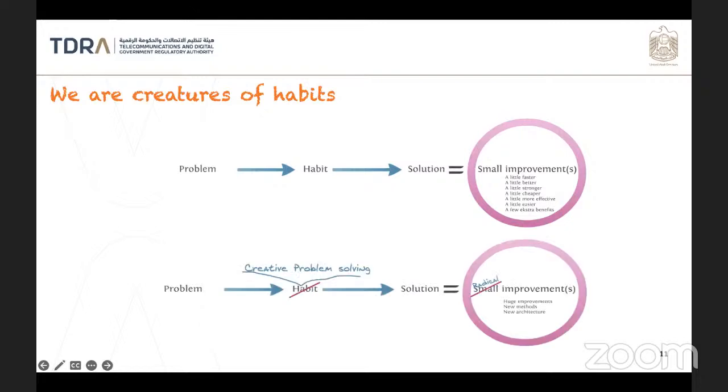Startups need what we call radical improvements. Creative problem solving, not habits. Creative problem solving means you are bringing a solution which has a huge improvement. It's a new method. It is completely radical. So, for example, when Elon Musk brought Tesla and the electric car, he didn't say, you know what, now car range is 80 kilometers, I will make it 100 kilometers for you.